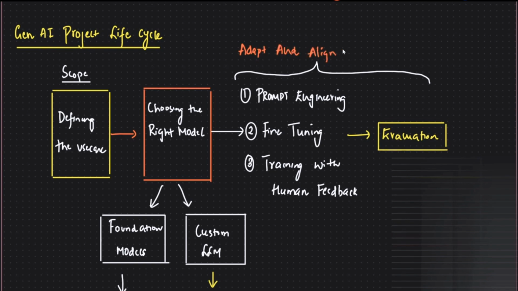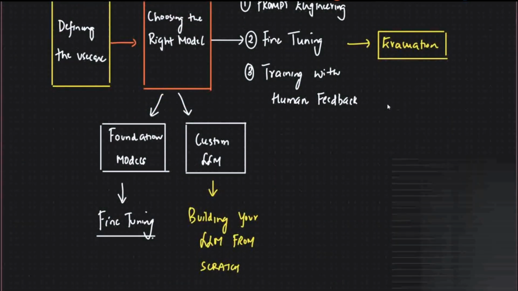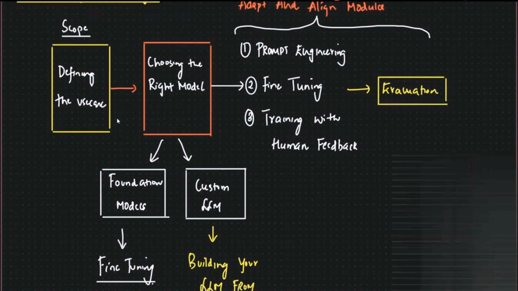This will be the module we use for this purpose. Now your model will be ready, you are able to solve the use cases, your performance metrics are increasing, and that says your model is ready.